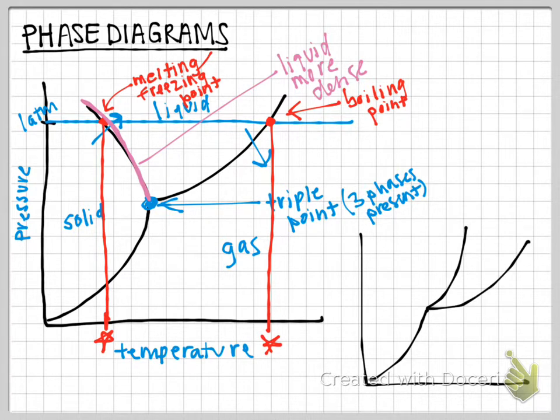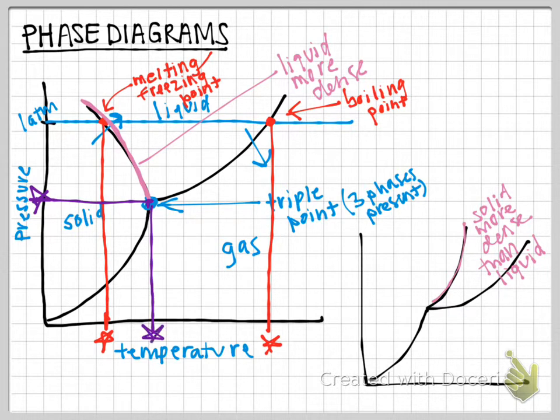So positive slope means that your solid phase is more dense than liquid. Also, if you had to identify the temperature and atmospheric pressure of your triple point, you would again draw it across to read your pressure, which is on the y-axis, and bring it down to read your temperature.